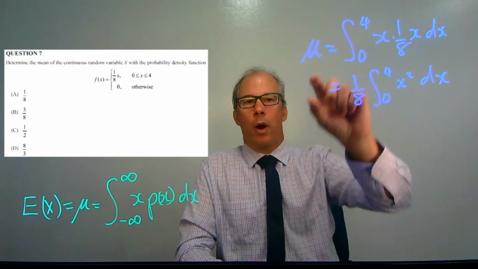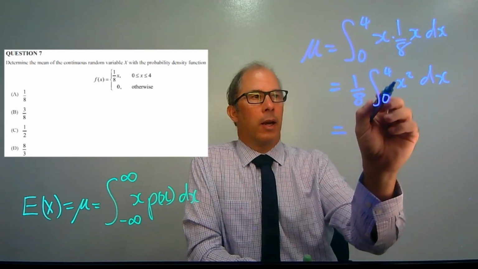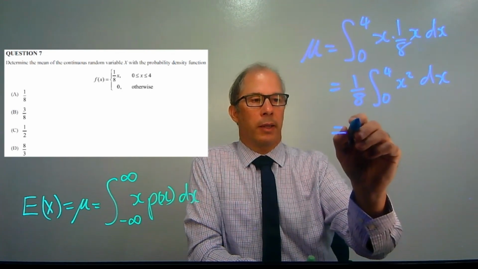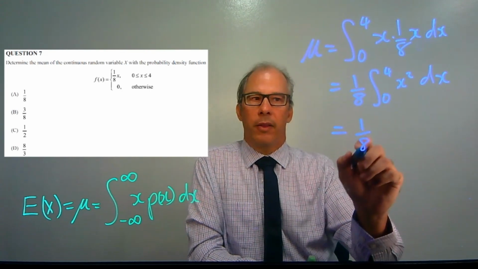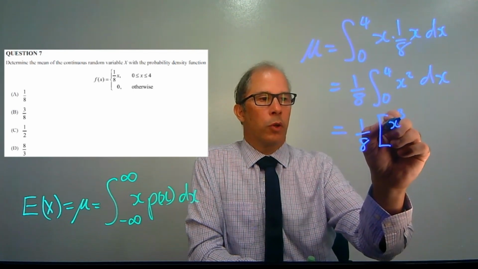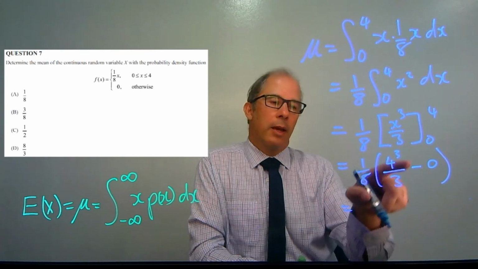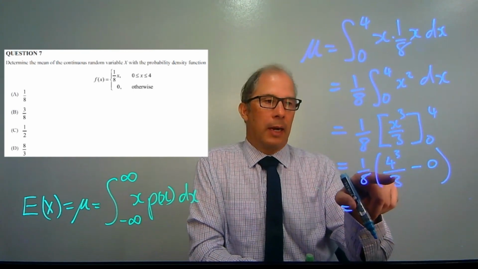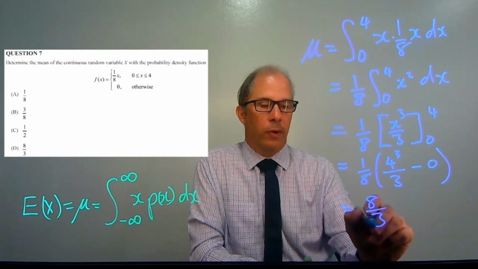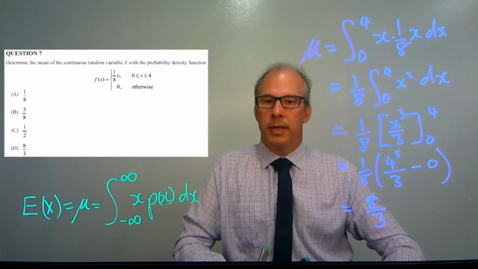If I take that 1 over 8 out the front, and then multiply x by x gives me the x squared. So I'm now going to take the integral, so I'll leave that 1 over 8 out the front, and I'm going to integrate this. I've got x cubed over 3 between 0 and 4. And if I simplify that, I do get 8 over 3, and that is answer number D.